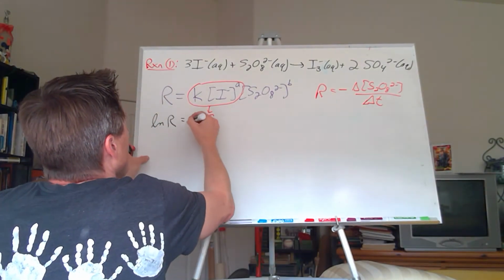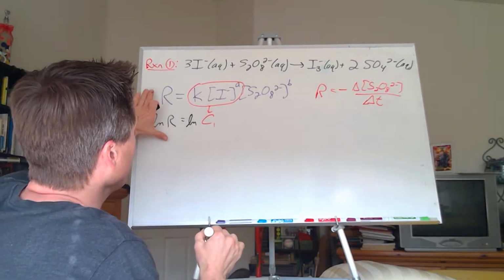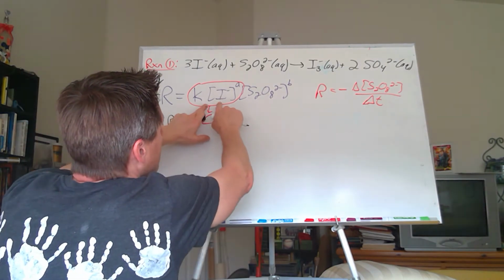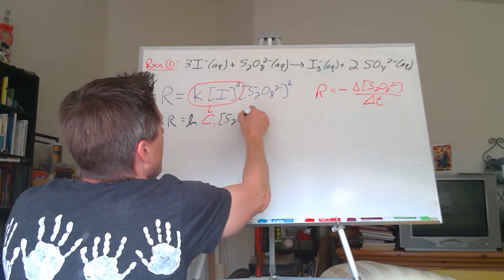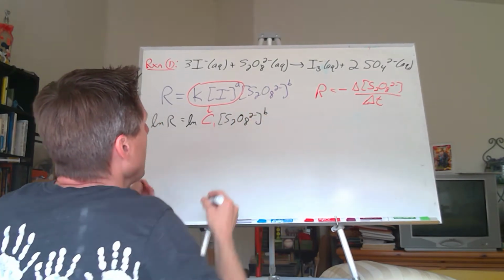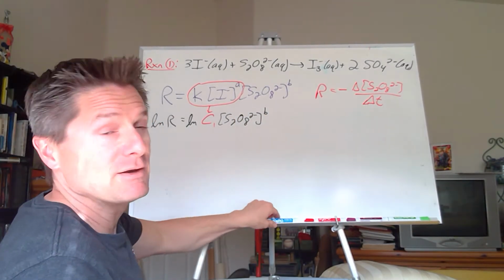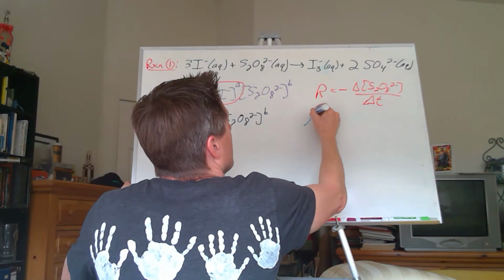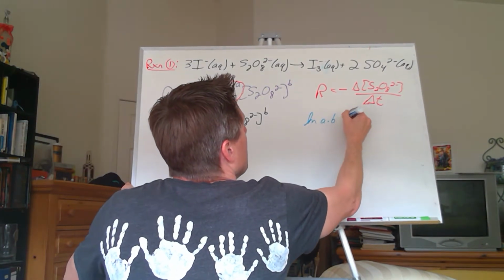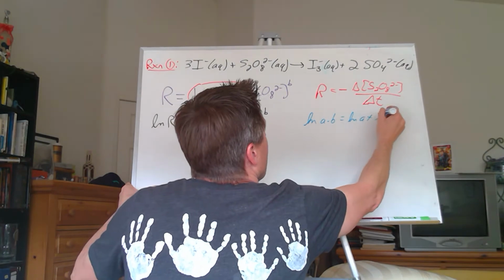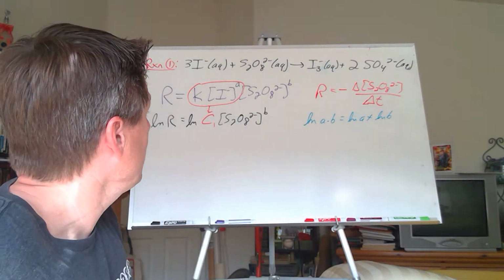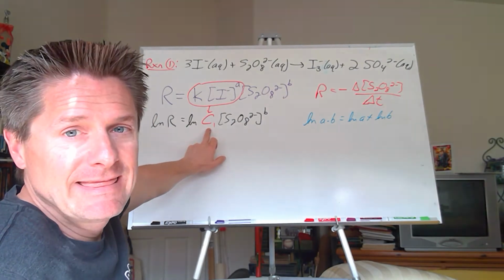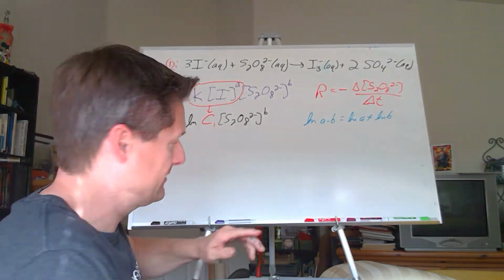So I'm going to take the log of both sides. So the log of the rate will be the log of that constant times the S2O8 2 minus raised to the power of B. Now, do you remember stupid log trick? Log of A times B is log of A plus log of B. Do you remember that little trick over there? So I'm going to split this from this, right?